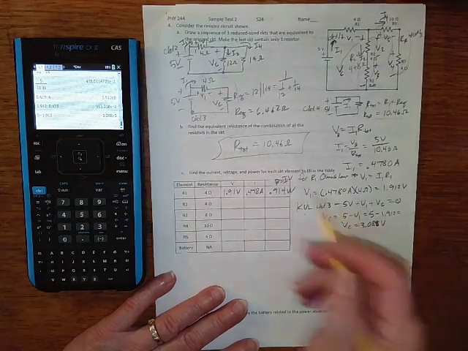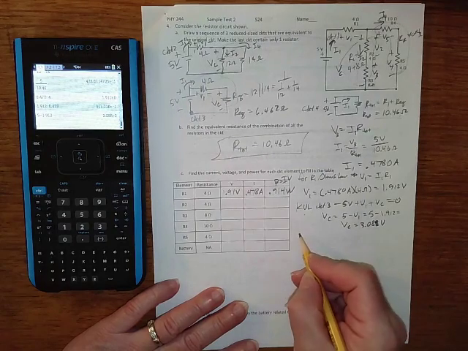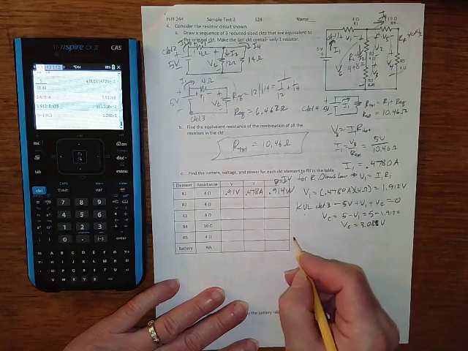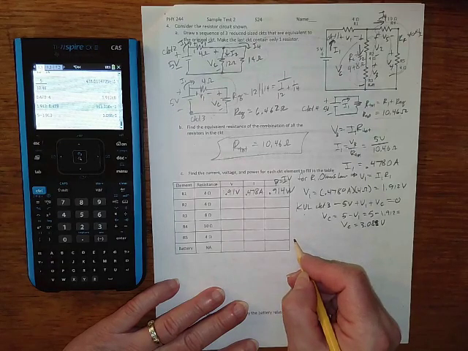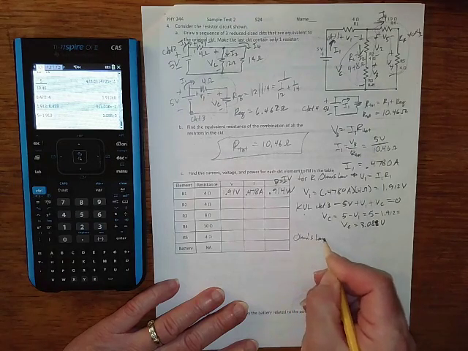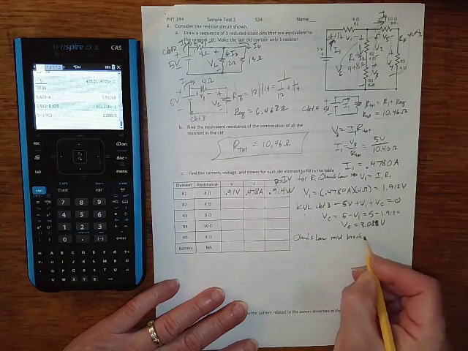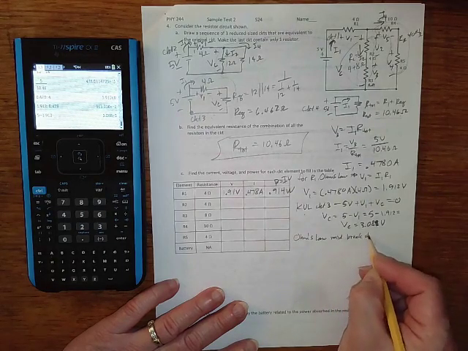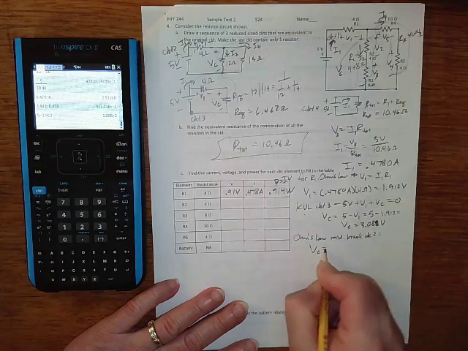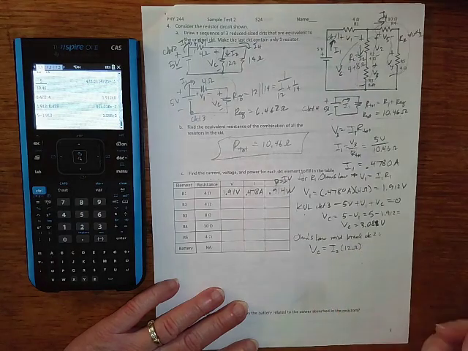So let's go up to this circuit 2 now, and we can work on finding I2 and I4. So from circuit 2, if we look at the middle branch, Ohm's law, V equals IR, VC equals I2 times the 12 ohms, right?